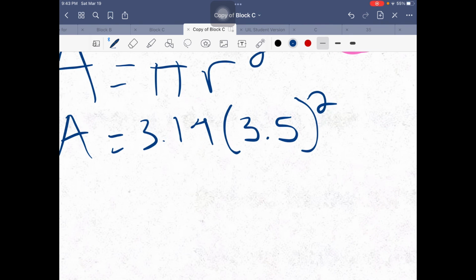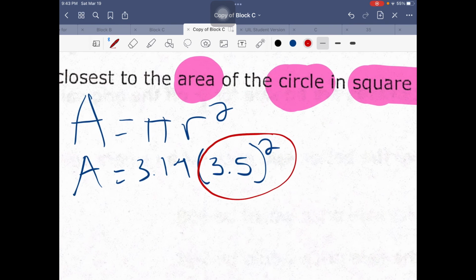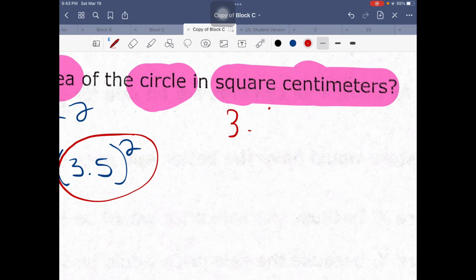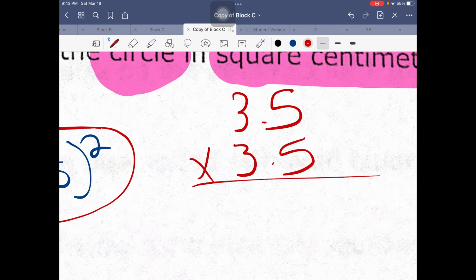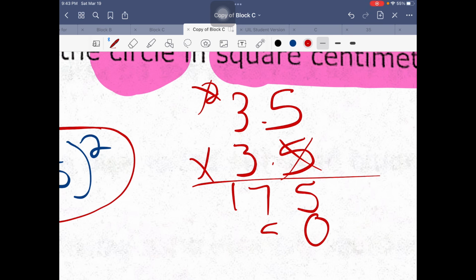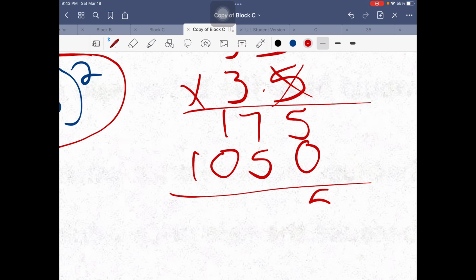Simple as that. So first, let's do these two, right? 3.5 squared means you're going to multiply it by itself. 5 times 5 is 25. 3 times 5 is 15 plus 2 is 17. We're done with 5. 1x means 1 0. What's 3 times 5? 15. 3 times 3 plus 1 is 10. 5 plus 0. 7 plus 5 is 12.